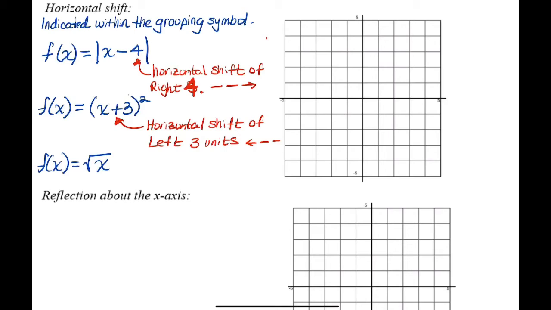Okay, so let's say we have a square root function. Now, square root function, that's the parent function right there. And for a square root, the grouping symbol in this case is the actual radical. So the radical is going to be extended a little bit, and it's going to change depending on what's either being added or subtracted to it. So for this one right here, this is indicating a horizontal shift of what?